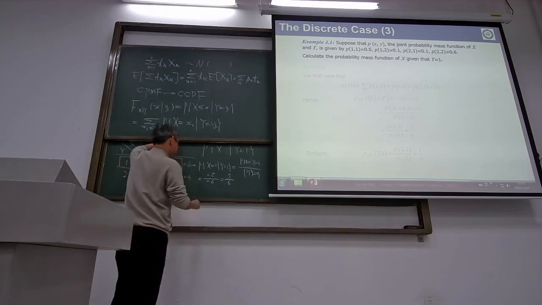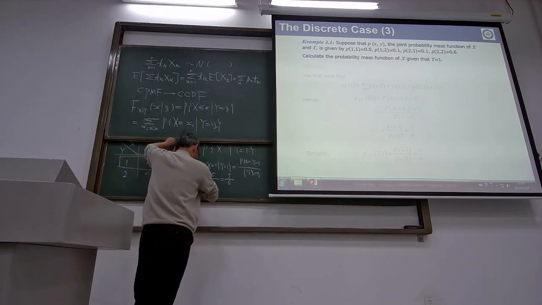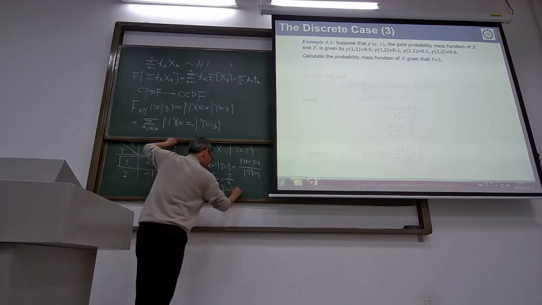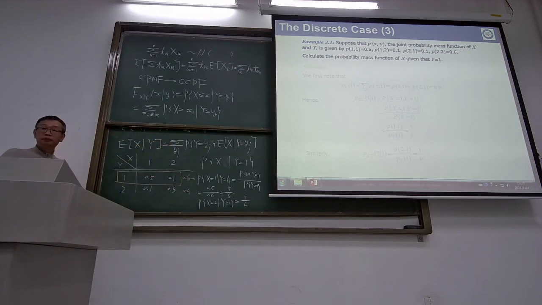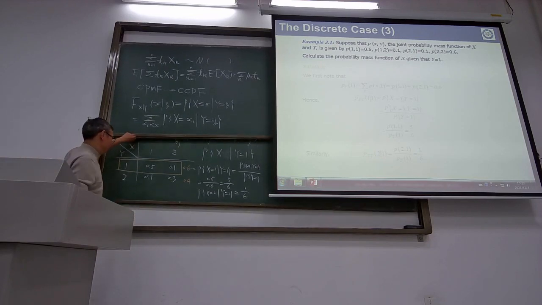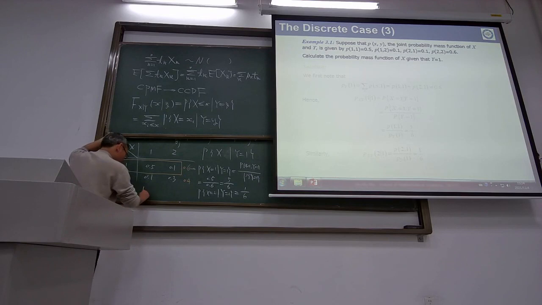Similarly, the probability that X equals 2 given Y equals 1 is 1 over 3. Similarly, we can find the probability that X equals 1 given Y equals 2, calculated directly, just equals 1 over 4.